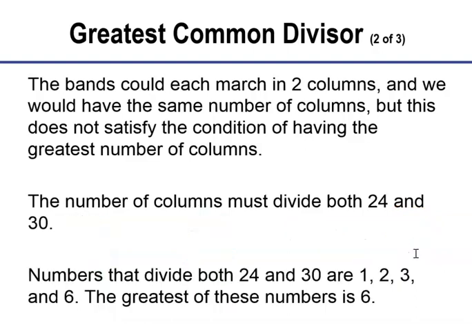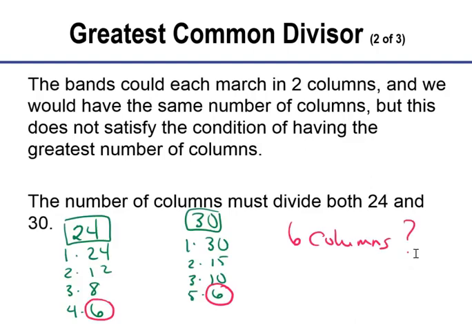It says the numbers that divide both 24 and 30 are 1, 2, 3, and 6. So if I go back to my list, why didn't they list all of them? Because we're trying to find what's common, right? And the values that are common to both of these are 1 is on both lists, 2 is on both lists, 3 is on both lists, 4 is on the 24 list, but 5 is on the 30 divisor list, and then 6.